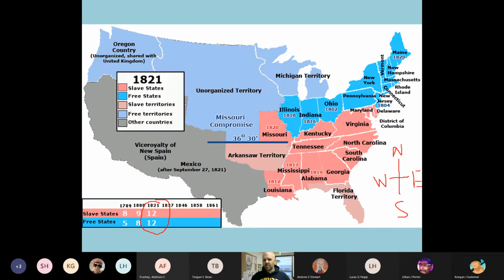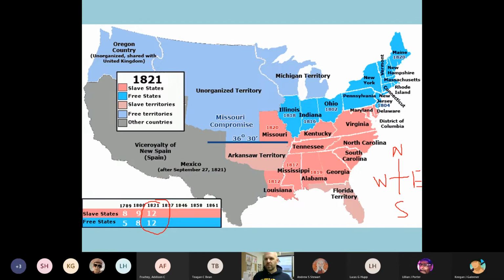And the reason why that balance is so important is because in the Senate, if you have a lopsided advantage, meaning, let's say hypothetically, that in 1818 or 1819, we add another slave state. And so now we have 12 slave states and 11 free states.